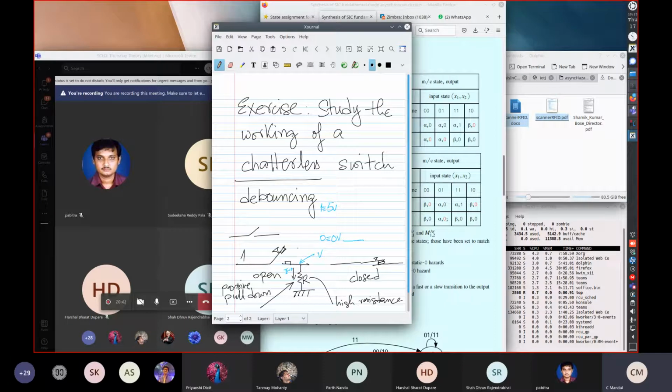Now, when you try to close it, it's not so neat, because it will touch, then open again. Initially it will rise, fall, rise, fall again. This will keep on happening for some time, and ultimately it will become steady. This phenomenon is called chatter.